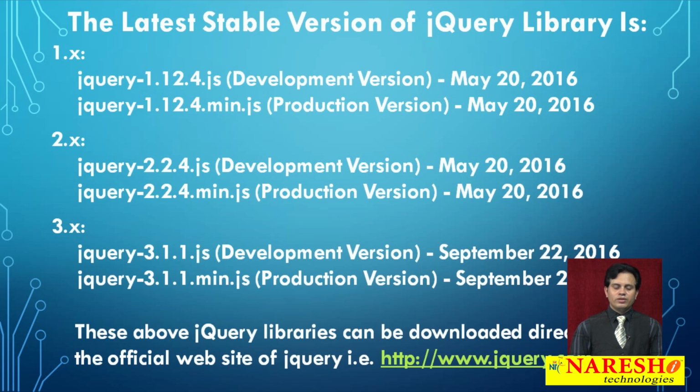It was also released on May 20th, 2016. And for the 2.x edition, the latest stable version is 2.2.4. The complete name is jQuery-2.2.4.js, which is uncompressed, the development version, released on May 20th, 2016.